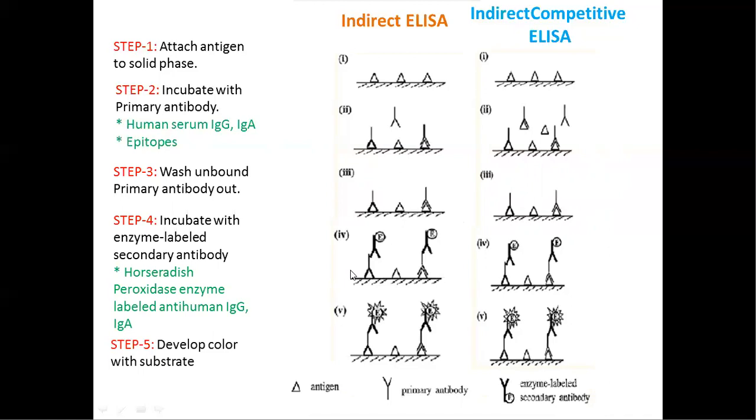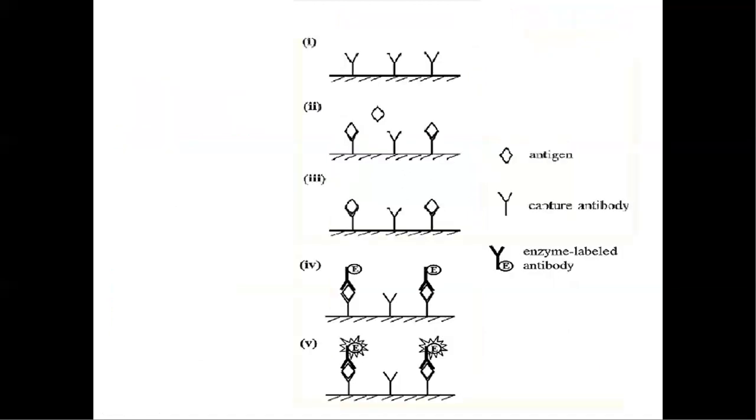Finally, we add 5-aminosalicylic acid as substrate molecule, which is useful for visualization of horseradish peroxidase enzyme by electron microscope. Indirect ELISA is specifically used for detecting antibodies, but indirect competitive ELISA is mainly useful for detecting antigens.